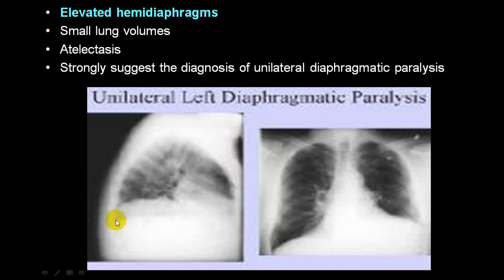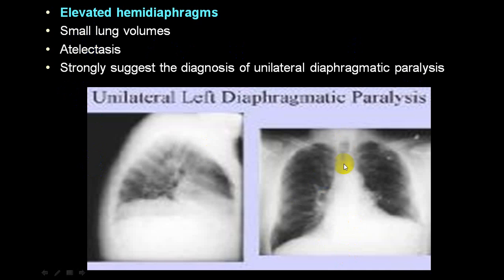Now when the diaphragm is elevated, you always try to think in terms of a pathology above the diaphragm and pathology below. If lung volume is reduced, classical examples are atelectasis, pneumonectomy, fibrosis. These three are common, so you first try to look at those conditions. In those conditions, along with this, there will be shift of trachea.